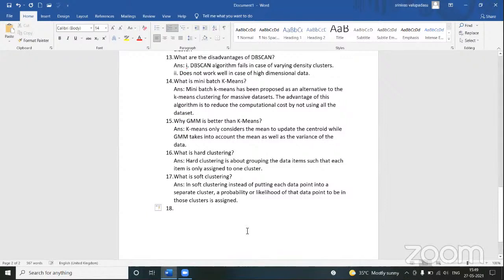What is OPTICS in data mining? OPTICS stands for Ordering Points To Identify the Clustering Structure.